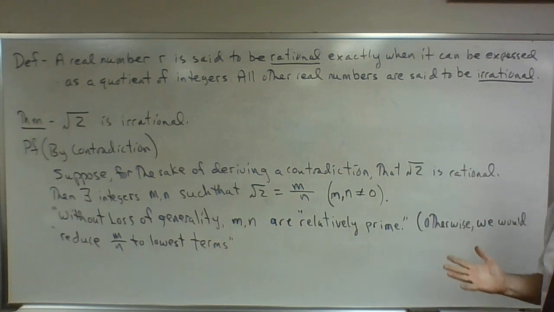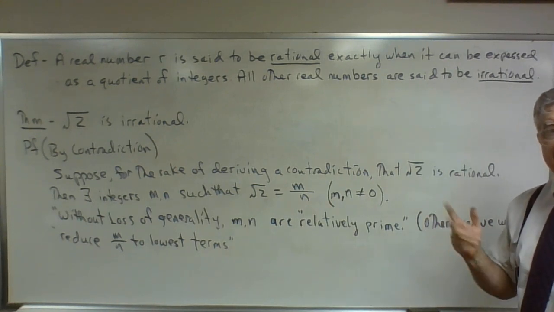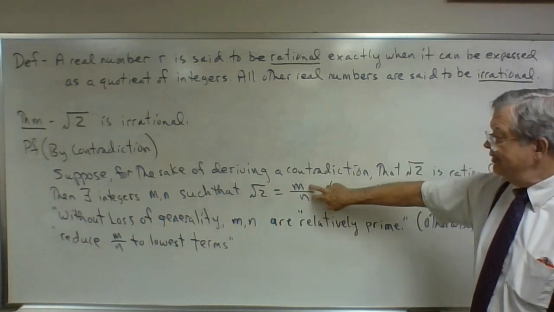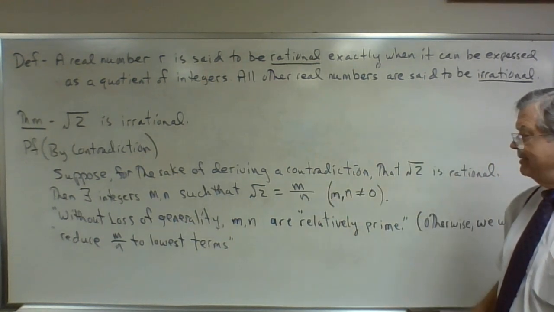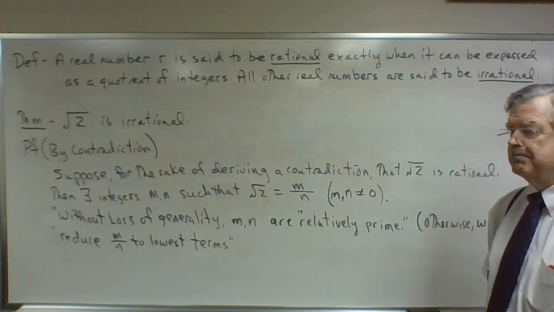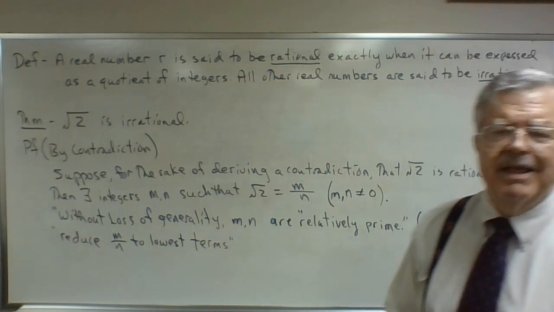We'd cancel out common factors in numerator and denominator. So what the heck? Let's just assume they have no factors in common. M and n are relatively prime. Let's see where that gets us.